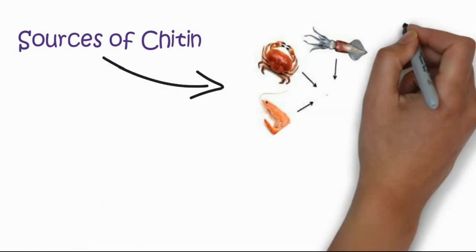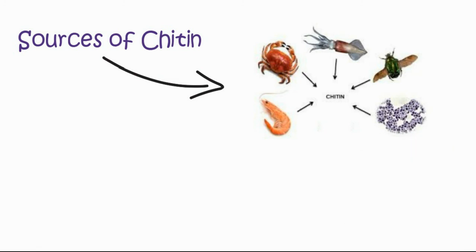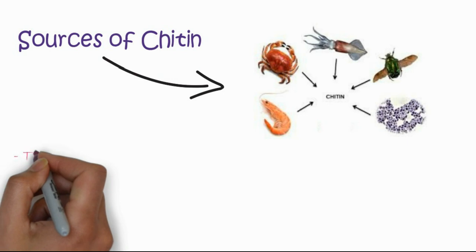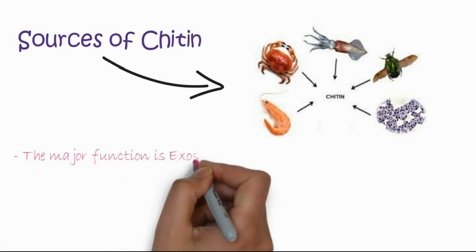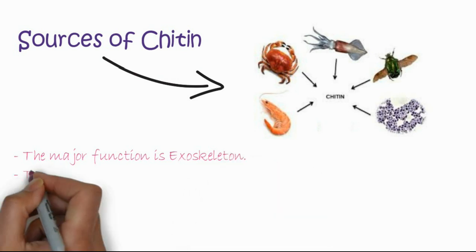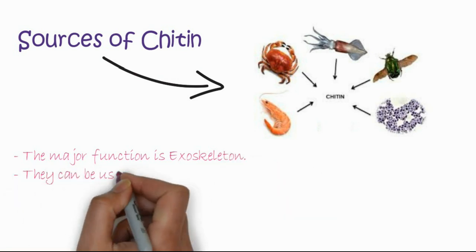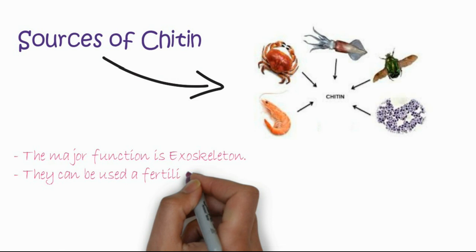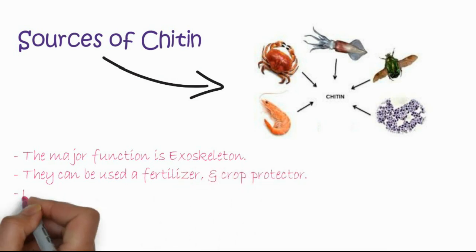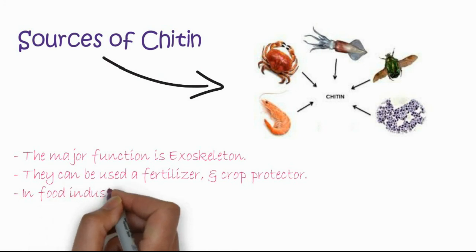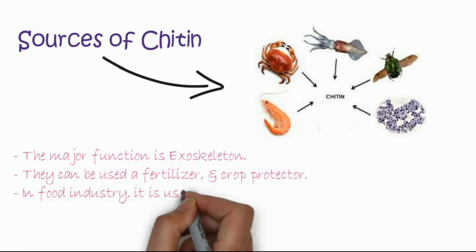Sources of chitin include insects, crustaceans, honeybees, and those mentioned in this picture. The major function of chitin is formation of the exoskeleton. It may be used as a fertilizer and for crop protection.